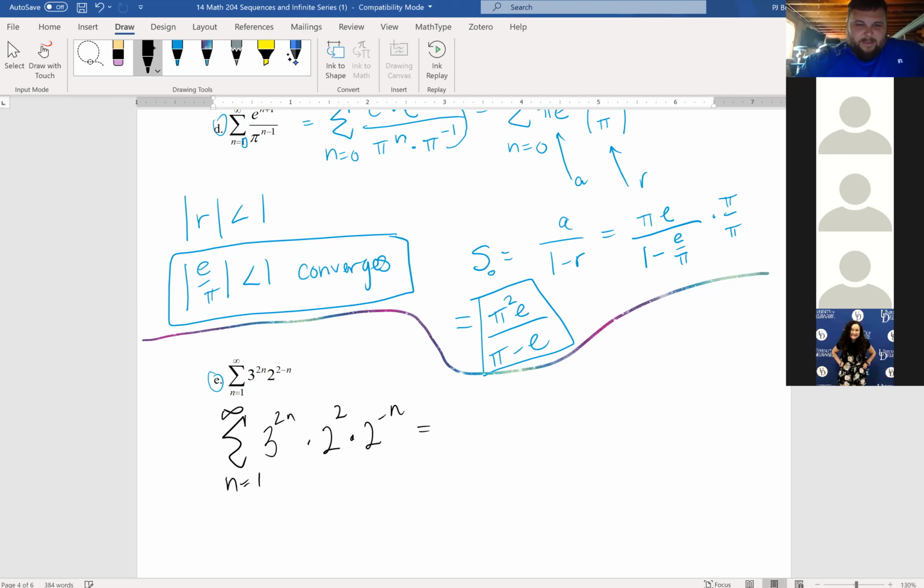So maybe I could write that like this. Right, 2 to the negative n means put it in the denominator, make the power positive, and 2 squared is just 4. But I still don't have this to just the power n. Any suggestions on how to do that?